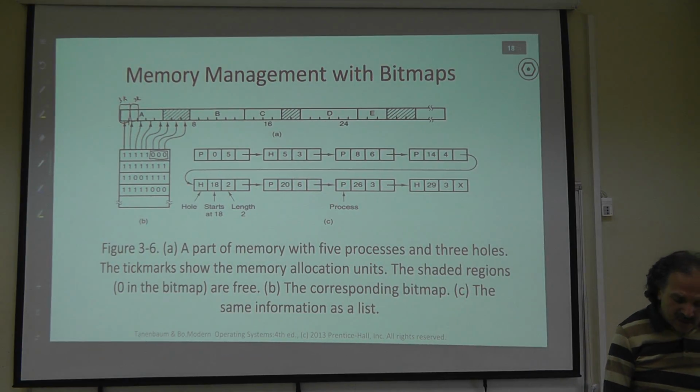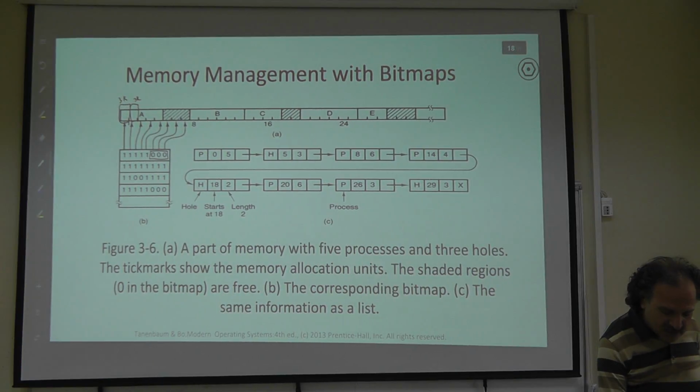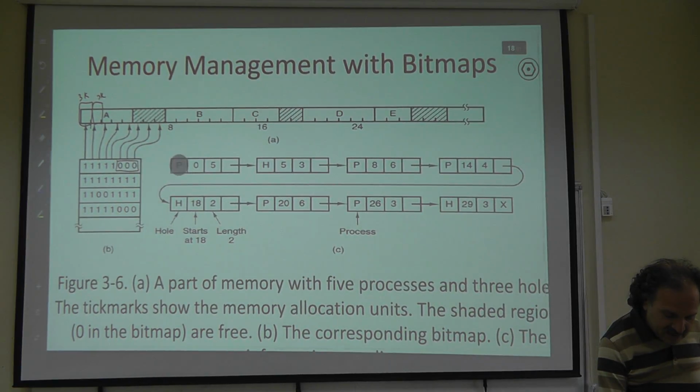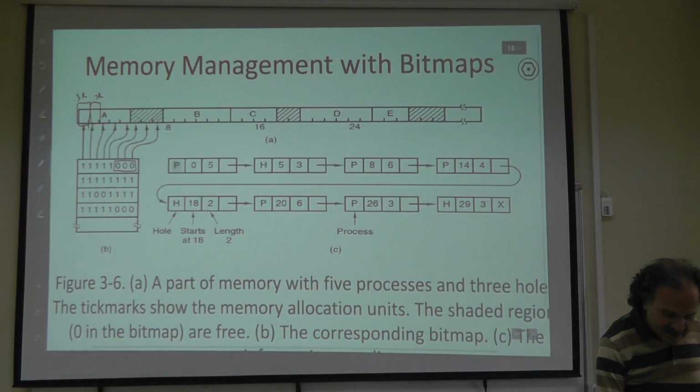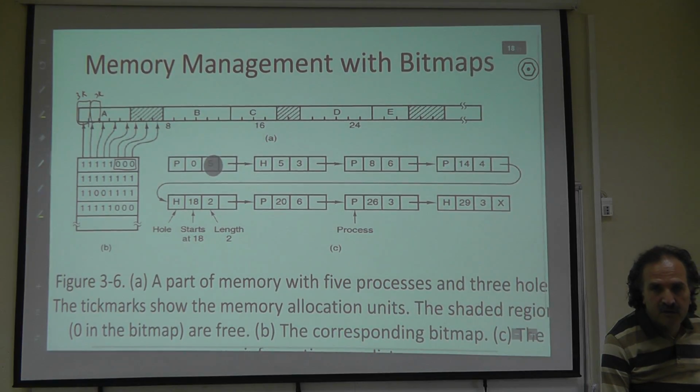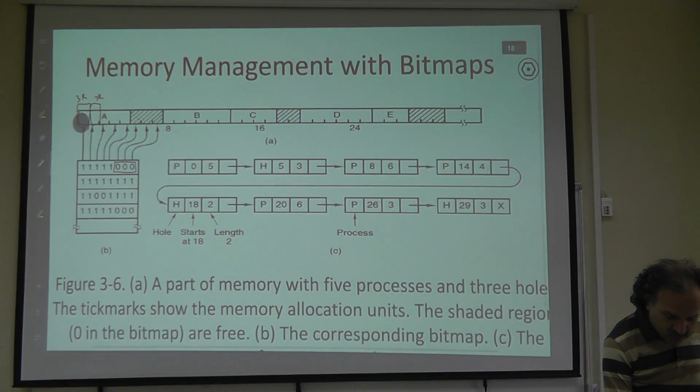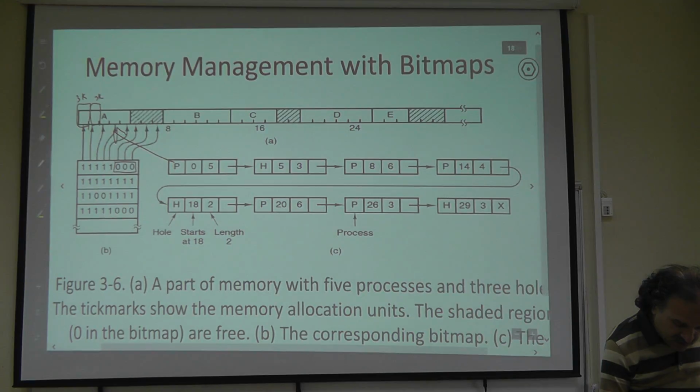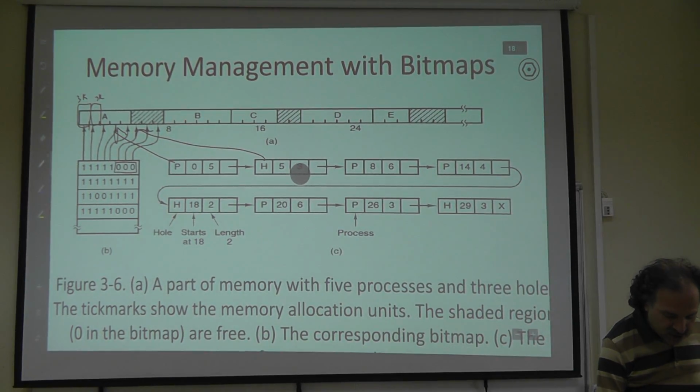The alternative is to not use bitmaps, but to use a linked list. It says that there is a process at address 0, and it uses 5 allocation units: 1, 2, 3, 4, 5. This place corresponds to this entry in the linked list. Then there is a hole, an available place, which starts at address 5 and has 3 allocation units.